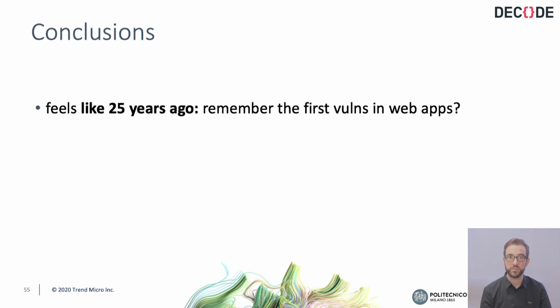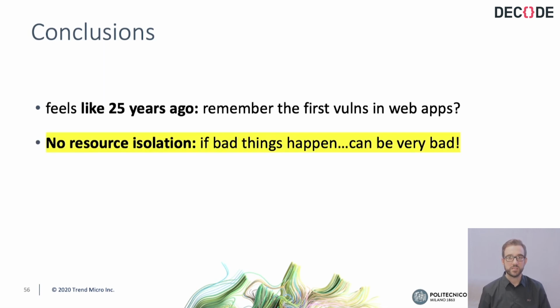But with a public-facing web application, even a simple vulnerability such as a path traversal becomes quite important. The second thing that we learn is that, even if I sound like a broken record, there's no resource isolation, which means that if bad things happen, they can be very bad, because a malicious program can access all of the system resources.